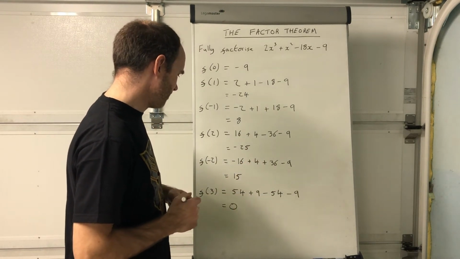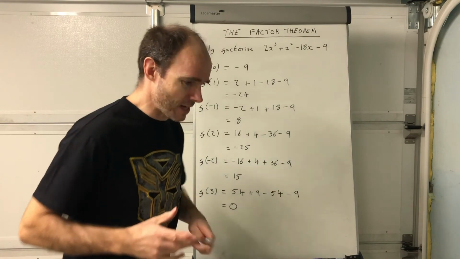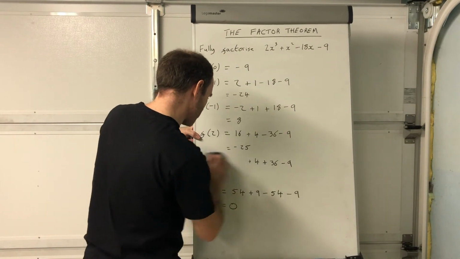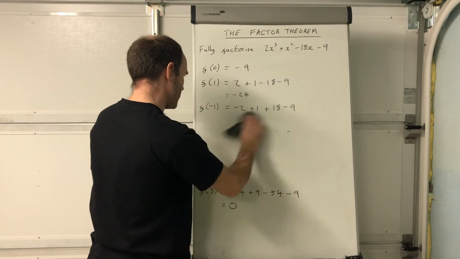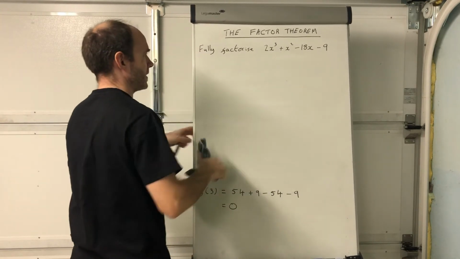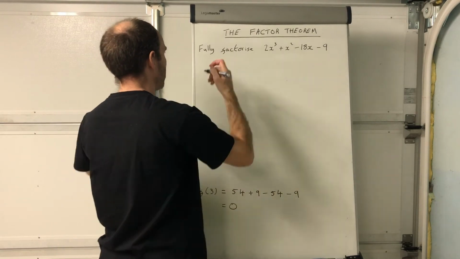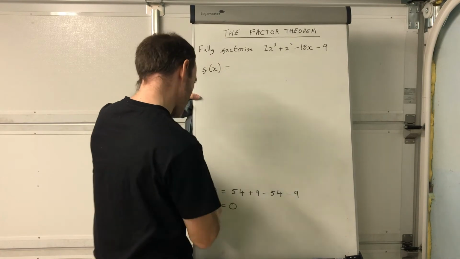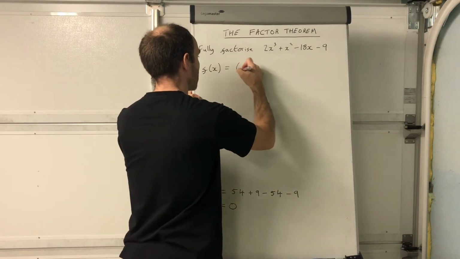Let's rub out that then. I'll keep the last one because that's the one that worked. What I'm going to then write down is that f of x must factorise with x minus 3 as one of the factors.